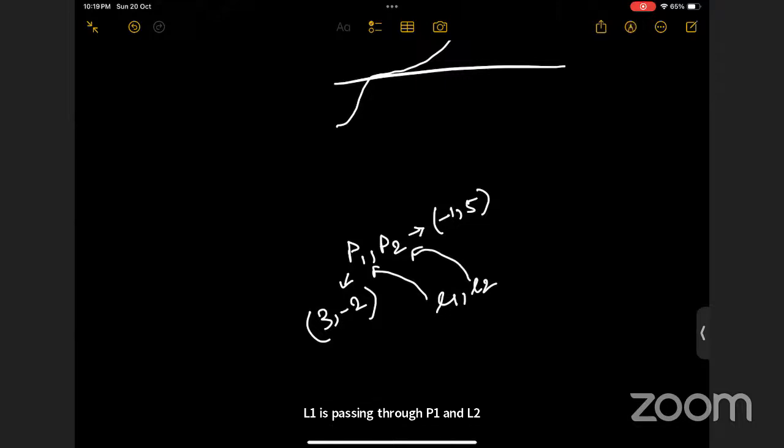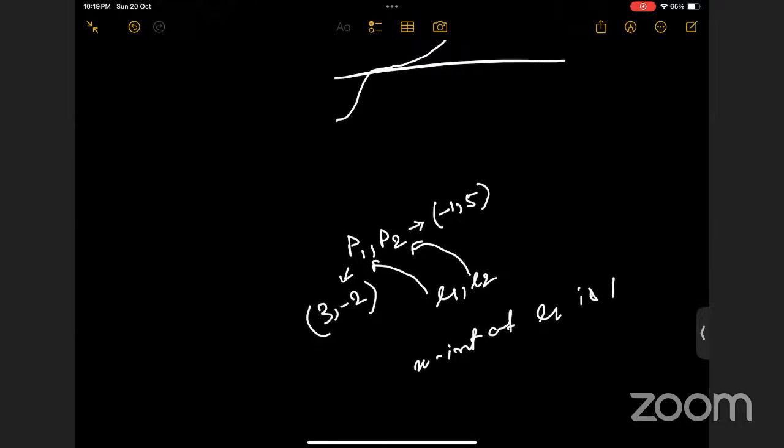Now they are telling that the x-intercept of line L1 is 1. That means 1 comma 0 is on the line L1.